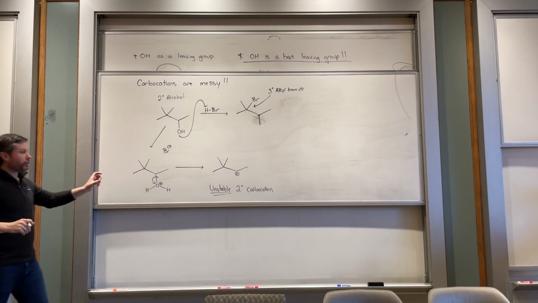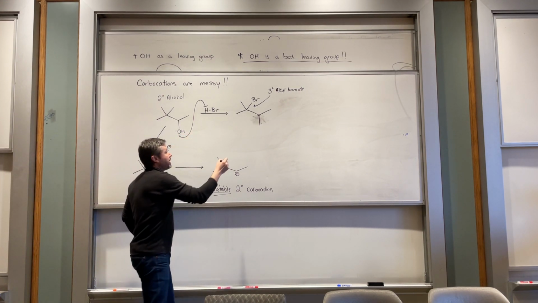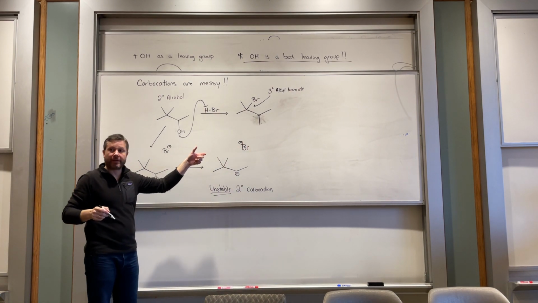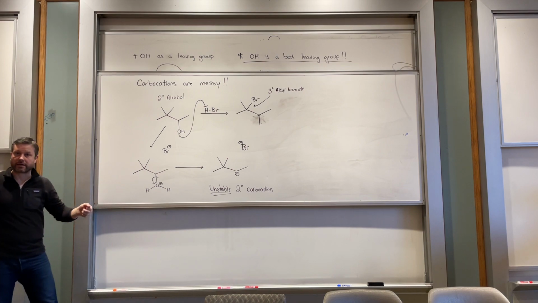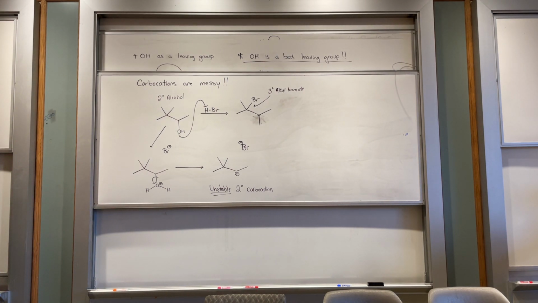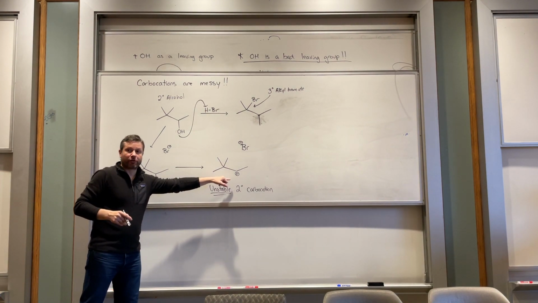Now, what we're used to seeing is the bromide, or whatever nucleophile we have in here, come in and add to that carbocation center. But there's something that can happen faster, right? Something that can happen internally before that bromide meets up with the carbocation.